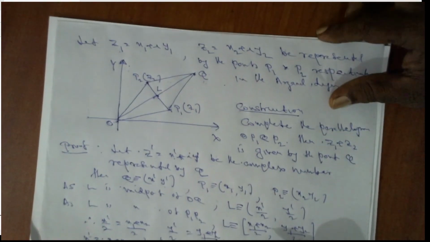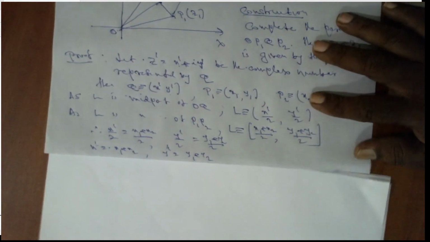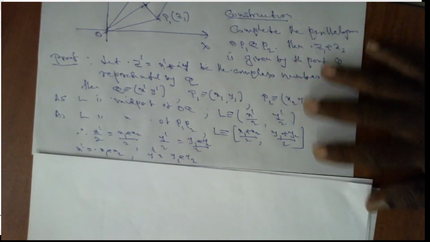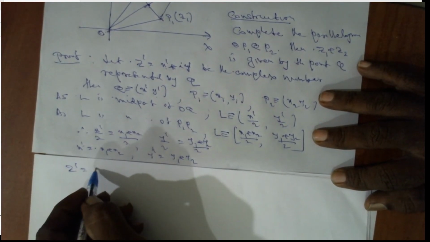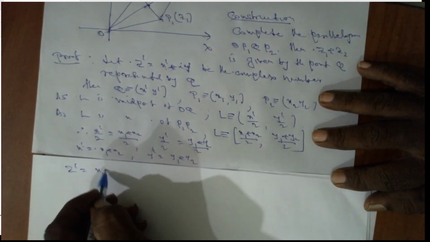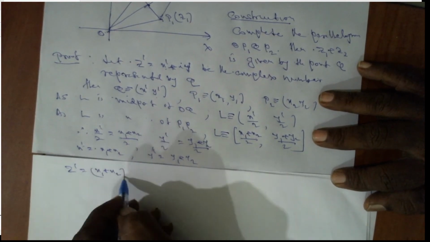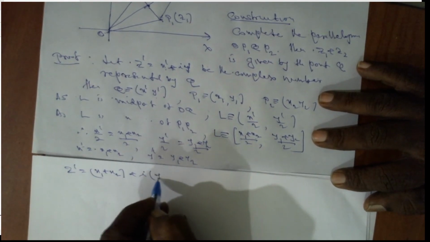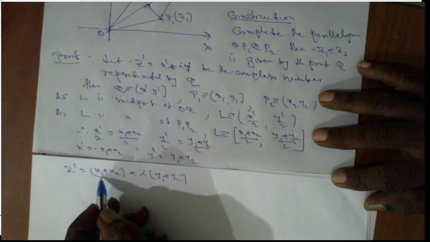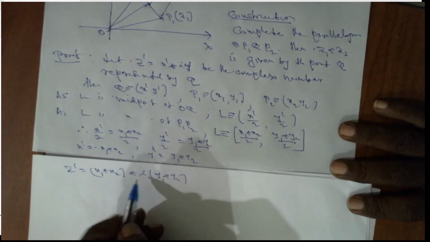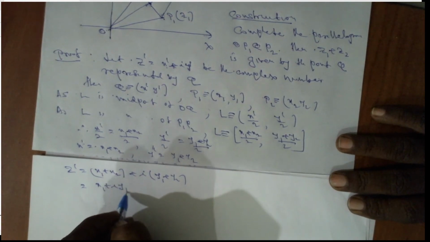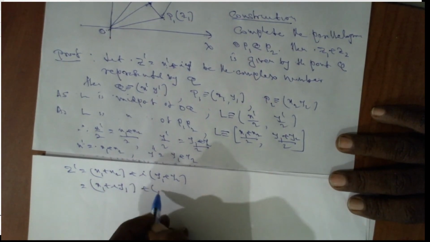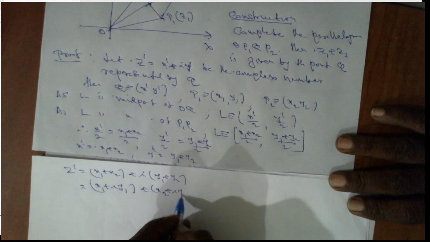So what does z' mean now? Now C' equals, instead of x', y', you can substitute. So C' equals x1 plus iy1 plus x2 plus iy2.